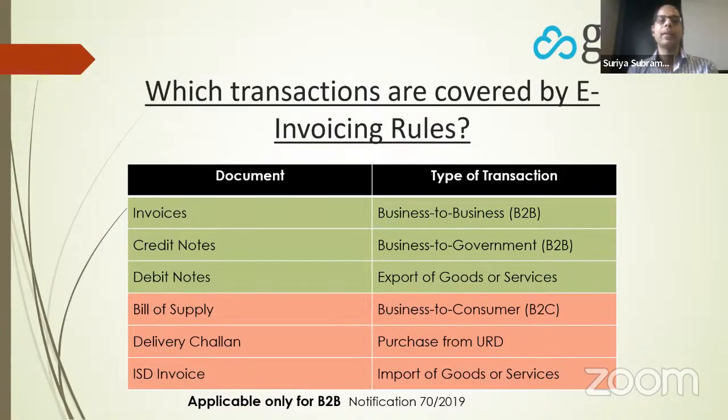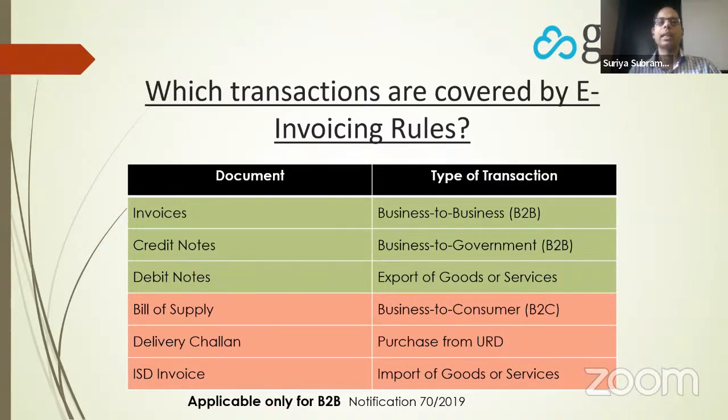If you are making a delivery challan, again e-invoicing does not apply. If you are an input service distributor, distributing credits to other taxpayers within the same PAN, e-invoice provisions do not apply. So e-invoice provisions apply only to tax invoices, credit notes, and debit notes.